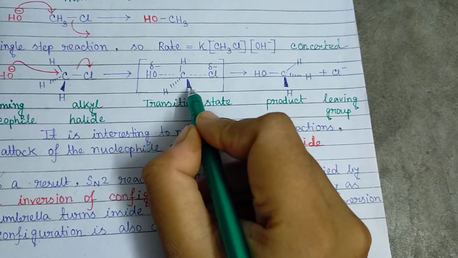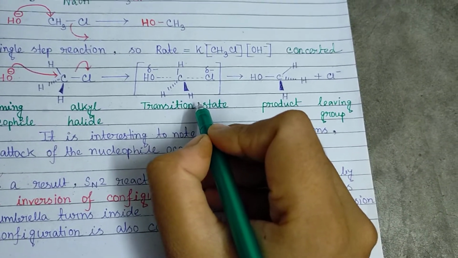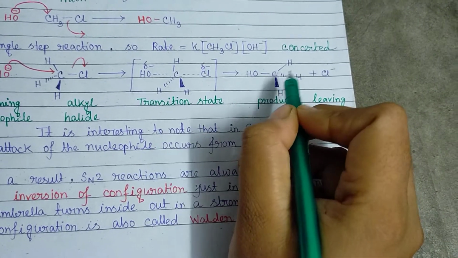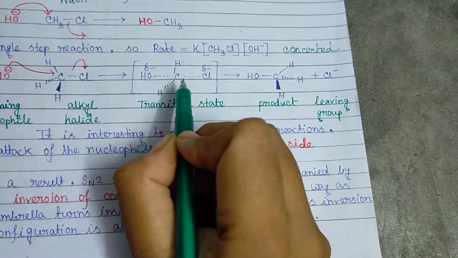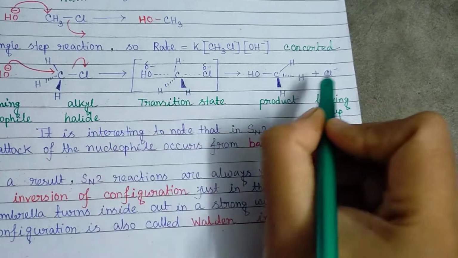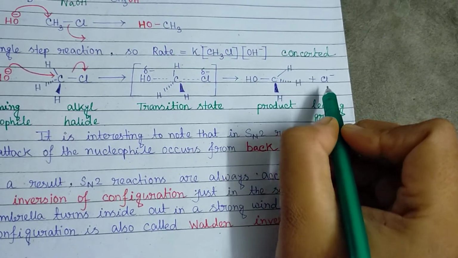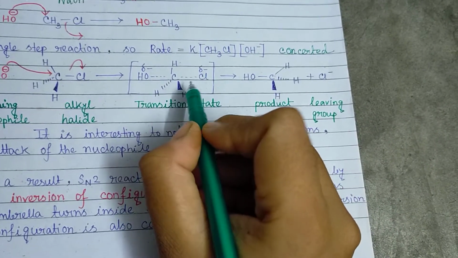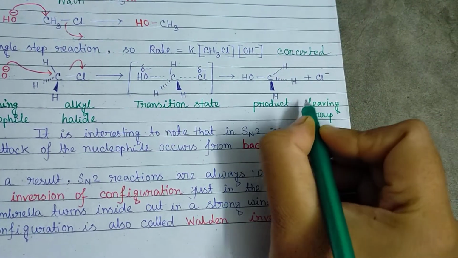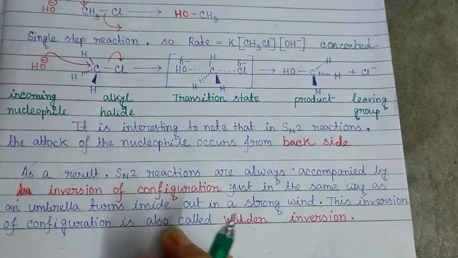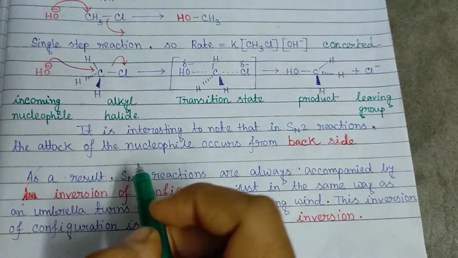So this is the transition state, and after that transition state the product will be formed, where the OH has formed the bond with the carbon and the chlorine, Cl minus, has left the bond and it has been called a leaving group. So this is the mechanism of SN2 reaction.